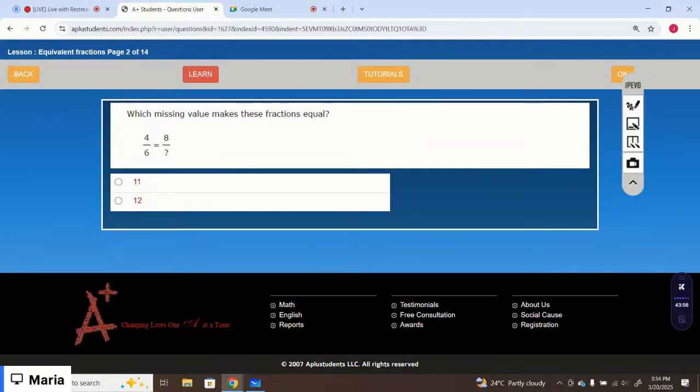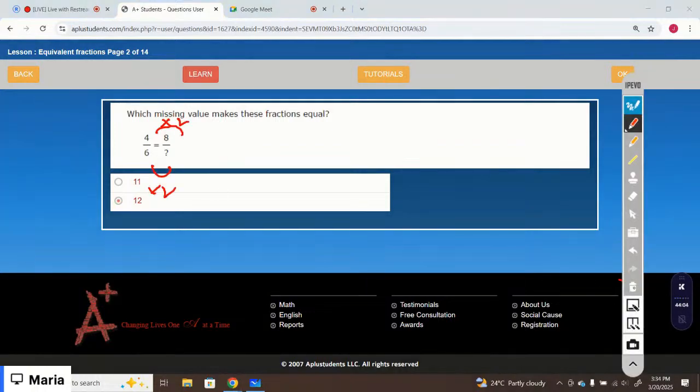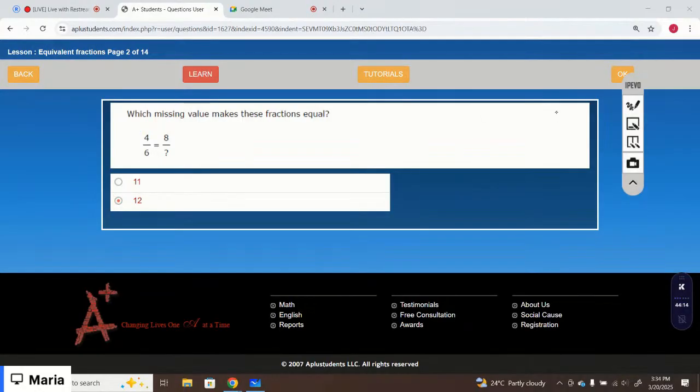Four times 2 is 8. So 6 times 2 is 12. You can see 4 times 2 is 8. That means you have to do 6 times 2, that is 12. Option number 2 is the correct option, that is 12.